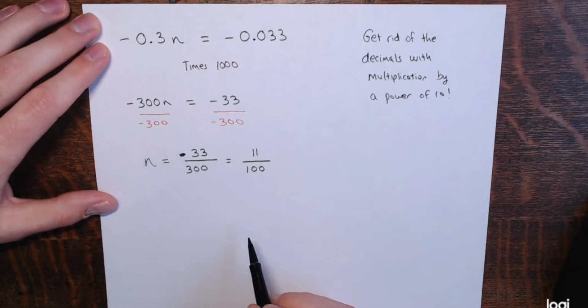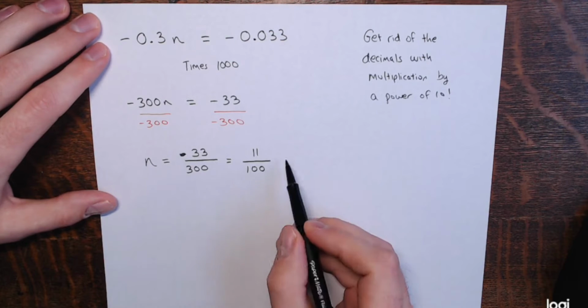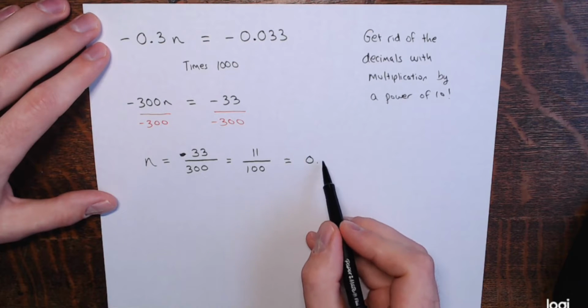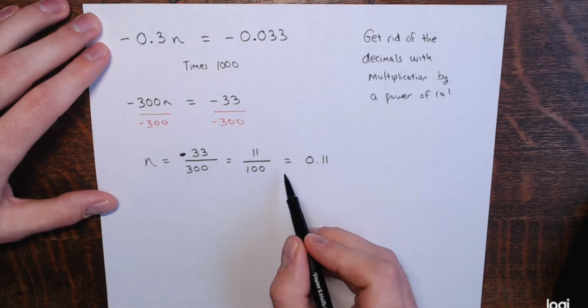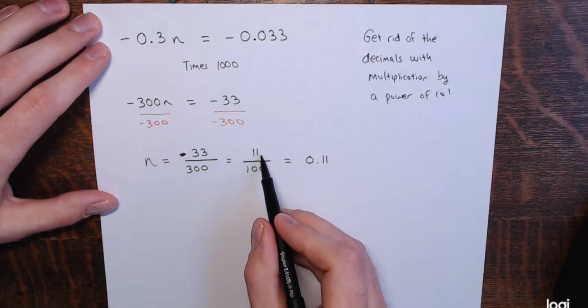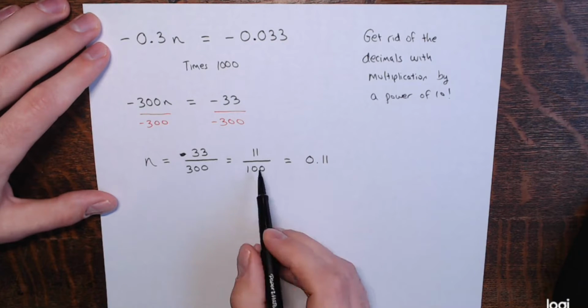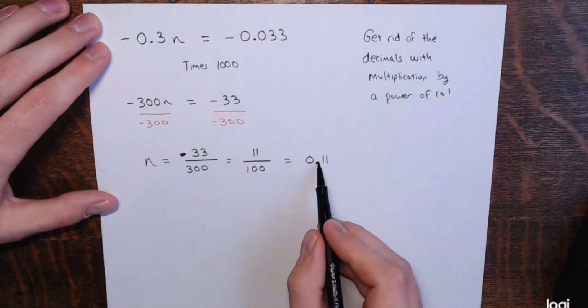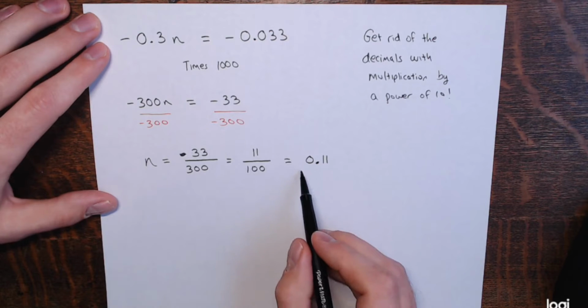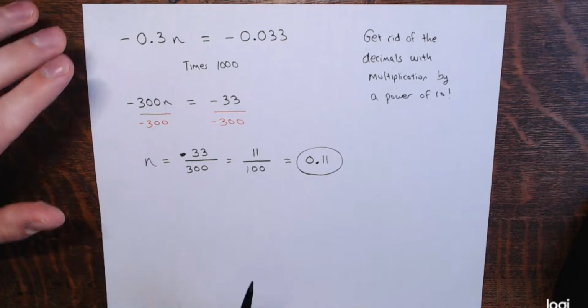Now I'm guessing they're going to want you to enter the answer as a decimal. 11 hundredths is 0.11, right? That's 11 hundredths. Or remember, dividing by a power of 10 moves your decimal point to the left so many places. Dividing by 100 moves it left twice, so that'd be 0.11. And there's your solution. All right. Positive 11 hundredths.